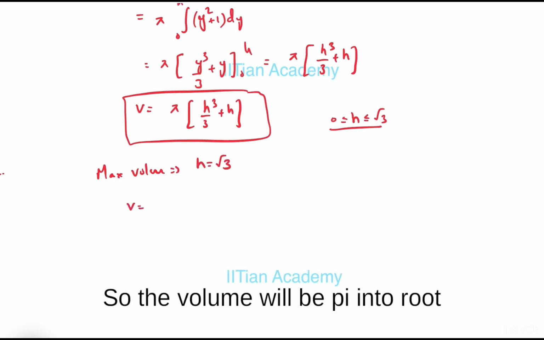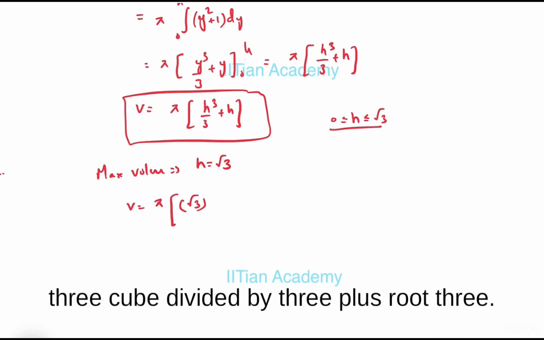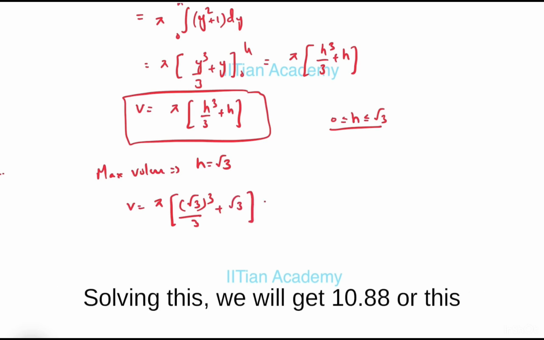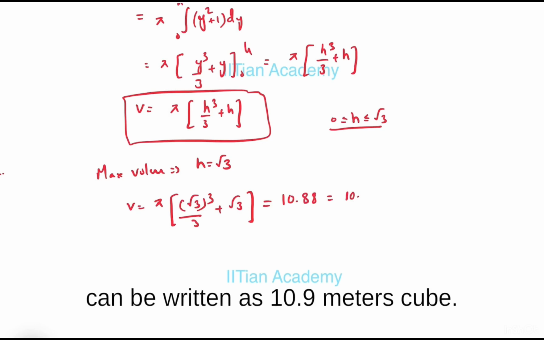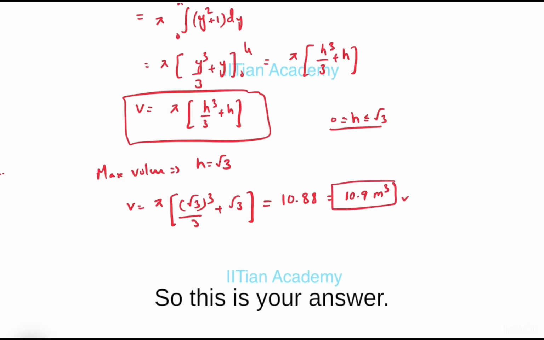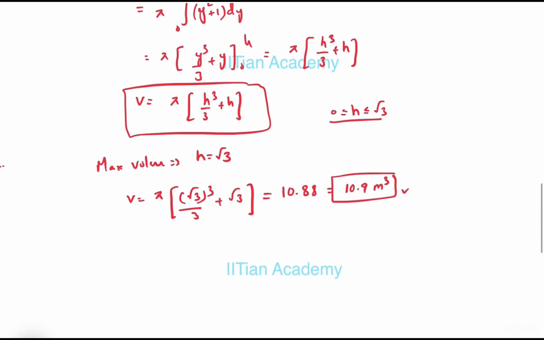So the volume will be pi into root 3 cube divided by 3 plus root 3. Solving this we will get 10.88, or this can be written as 10.9 meter cube. So this is your answer.